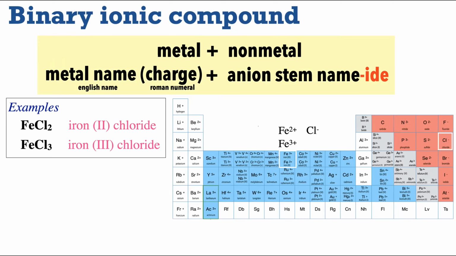Let's try more examples. CuO is from copper here in the periodic table that is capable of forming Cu2+ cation and Cu+, while oxygen is here in the periodic table that forms O2- anion.